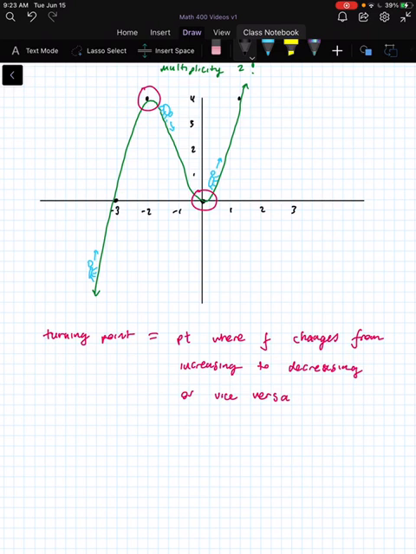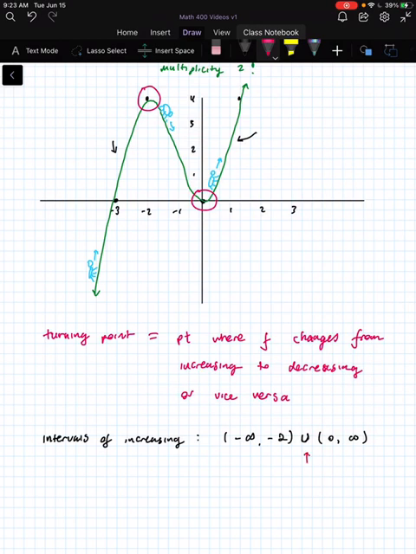All right, so what does this mean? This means our intervals of increasing, we have the interval negative infinity to negative 2. That's this interval. Union the interval 0 to infinity, which is this part of the graph.